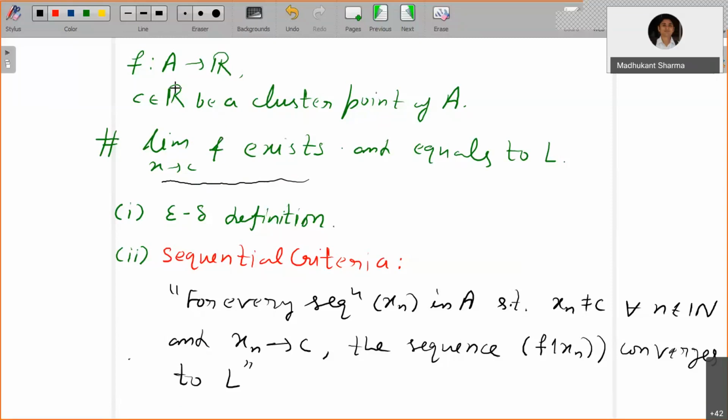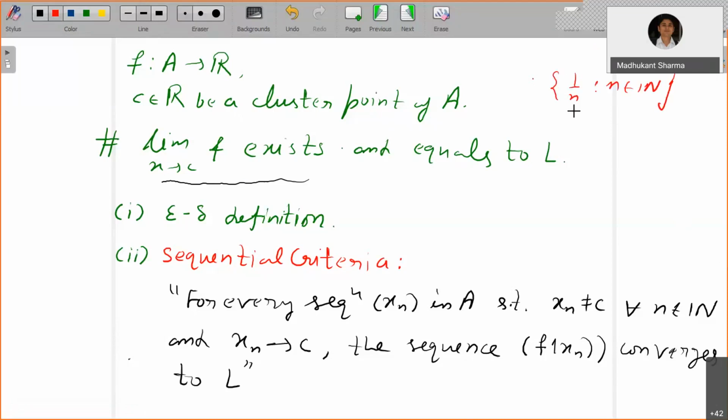No, I have already started with the function which is defined on A, and I have made it clear that C is a real number which may or may not belong to A. For example, if A is the set of 1 by n such that n belongs to the natural numbers, 0 is the limit of this sequence.